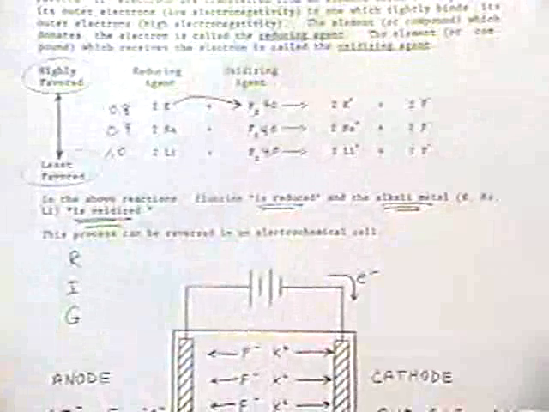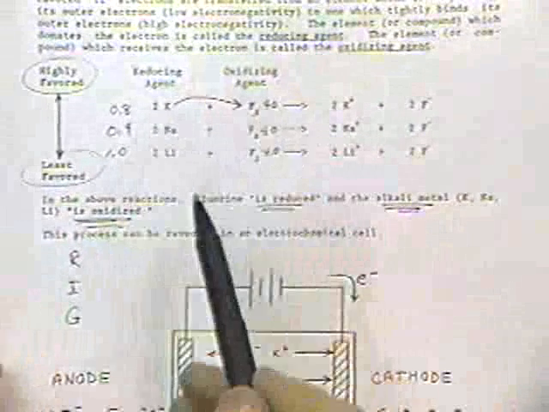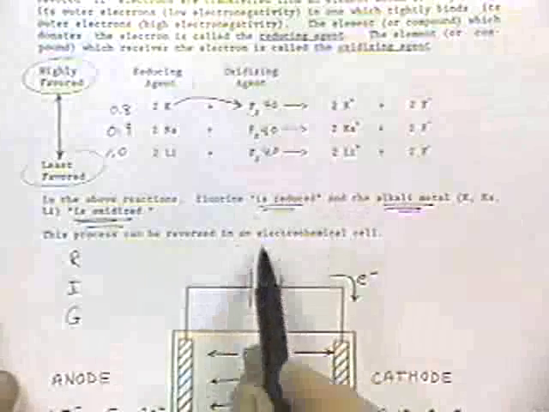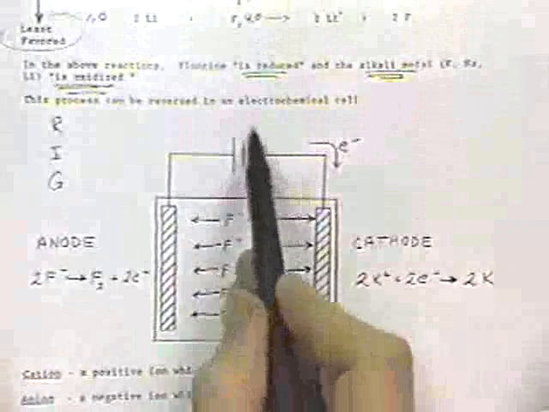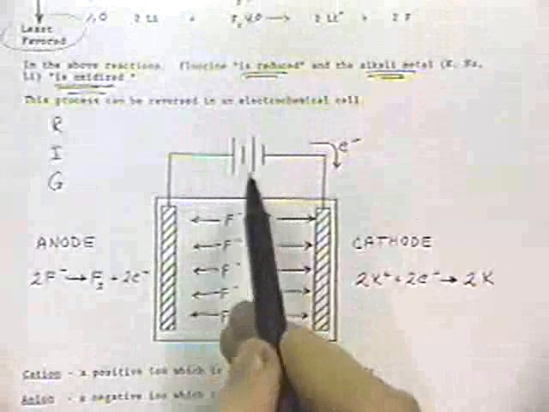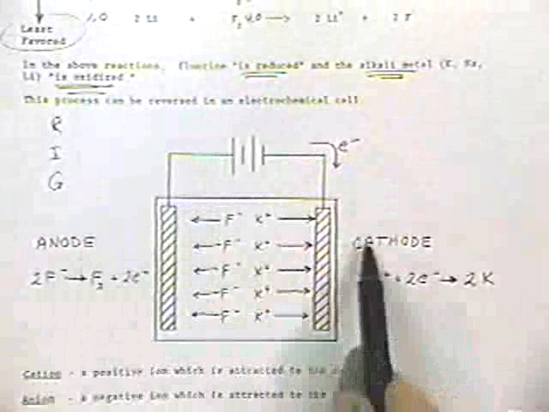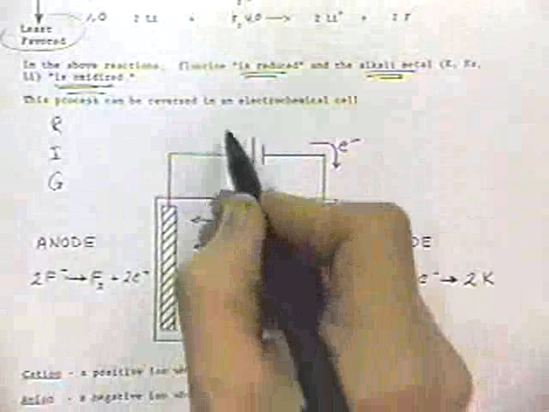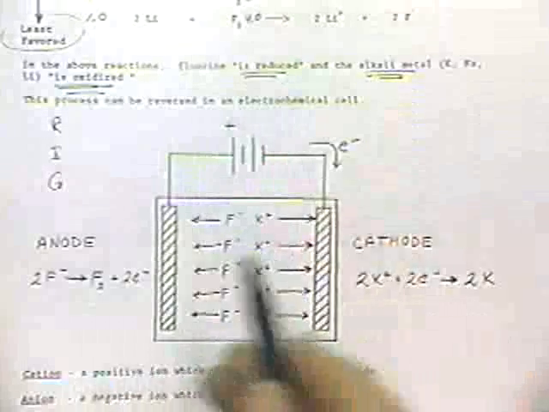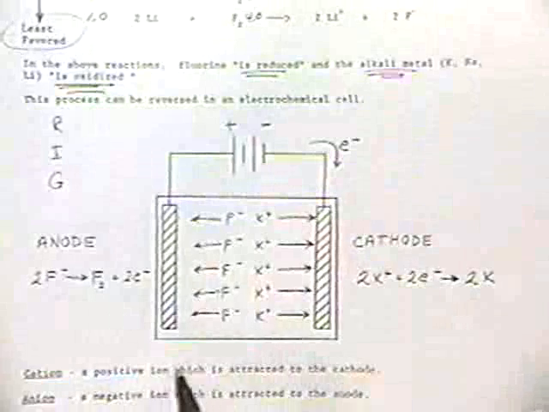into this class. Now, this reaction that I've just shown here, which will occur naturally, we can reverse it in an electrochemical cell. So let's say, for example, I have a power source. I'm showing here a battery. I have one electrode called an anode, another electrode called a cathode. I impose a positive charge on the anode and a negative charge on the cathode.